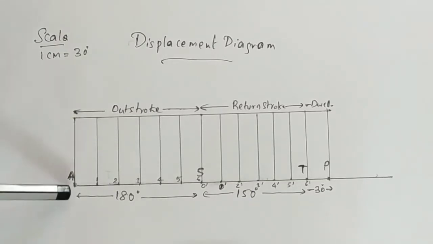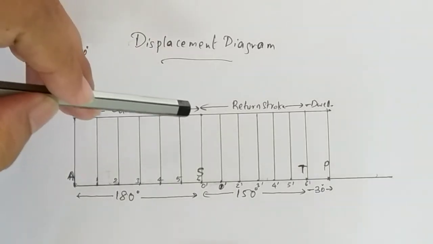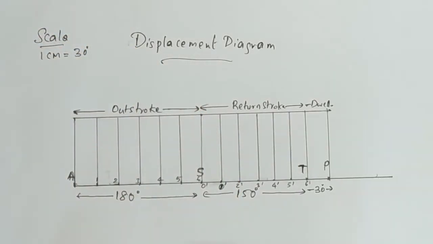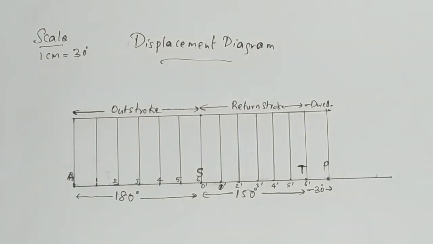You are going up, then you are coming down in the return stroke, and there is no dwell in between. So where you are starting, there you have to draw a generating circle. What does the generating circle mean? From the generating circle only you have to draw the required curve.